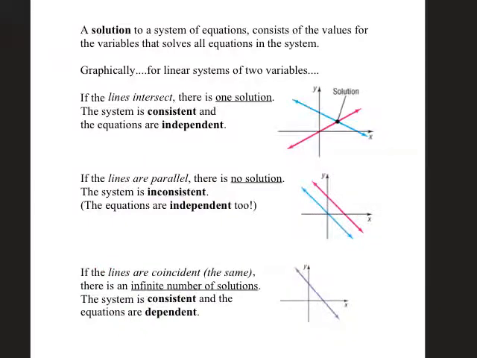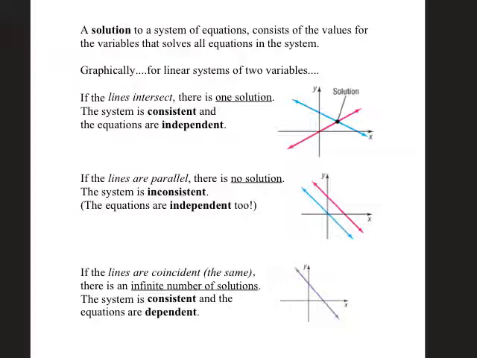This graphic is really helpful. Remember that a solution to a system of equations consists of the values for the variables that solve all equations in the system. So you're trying to find the points that satisfy both equations. And depending on the system you have, there are different types of solutions or numbers of solutions.